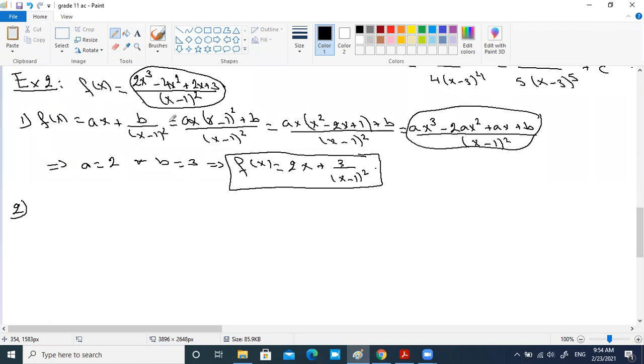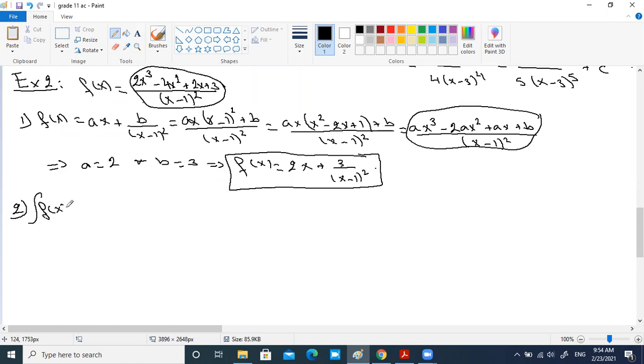But if you rewrite it in a different way under this form, each one of these two is easy to find its integral. Integral of 2x is easy to find, and 3 over x minus 1 squared, you know how to find the integral.